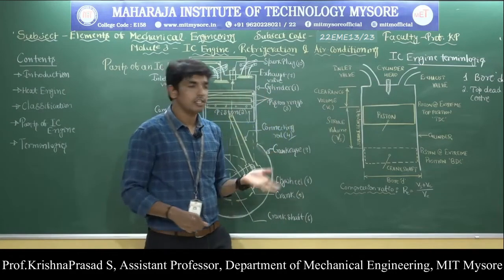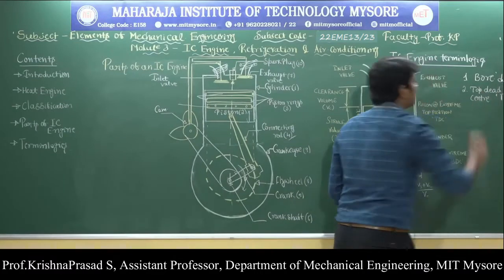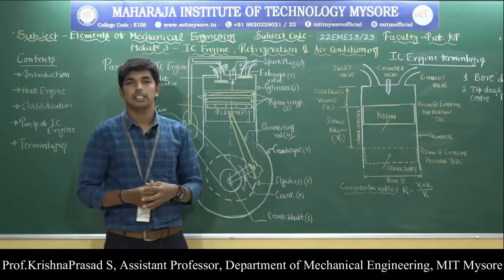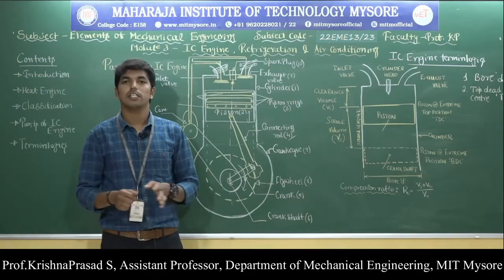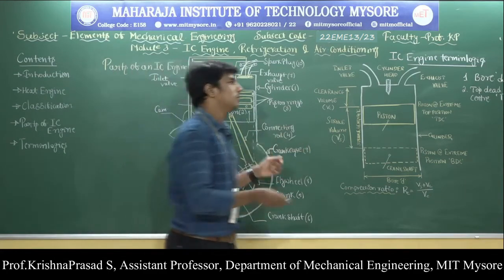The top dead center is usually abbreviated as TDC. During the working of the 4-stroke petrol engine and diesel engine, we abbreviate directly from TDC to BDC, instead of saying top dead center to bottom dead center. So this is regarding the second terminology.